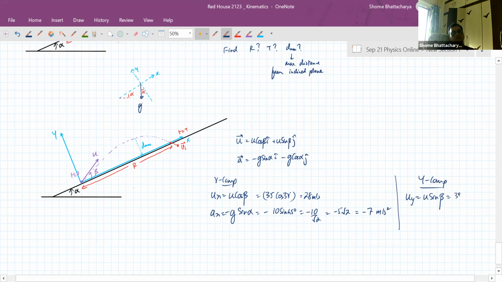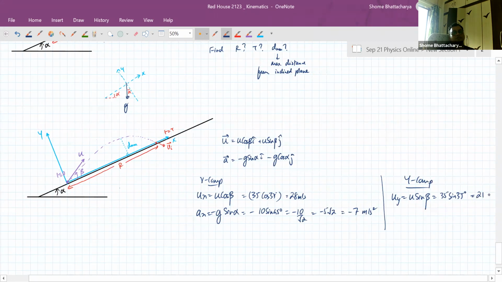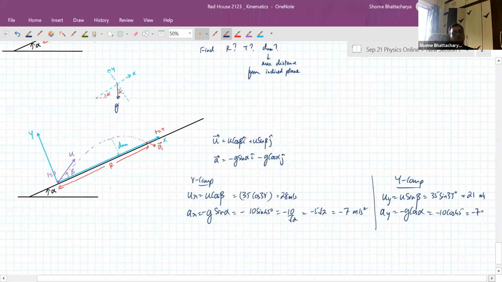Now, similarly, for the y component of motion, the initial velocity is u sin beta, which is 35 sin 37 degrees, so this time it will become 21 meters per second. And the y component of acceleration is minus g cos alpha, that is minus 10 cos 45, which will again work out to be minus 7 meters per second square. Based on these, what you do next is write Vx and Vy as functions of time, and write the x and y coordinates as functions of time.